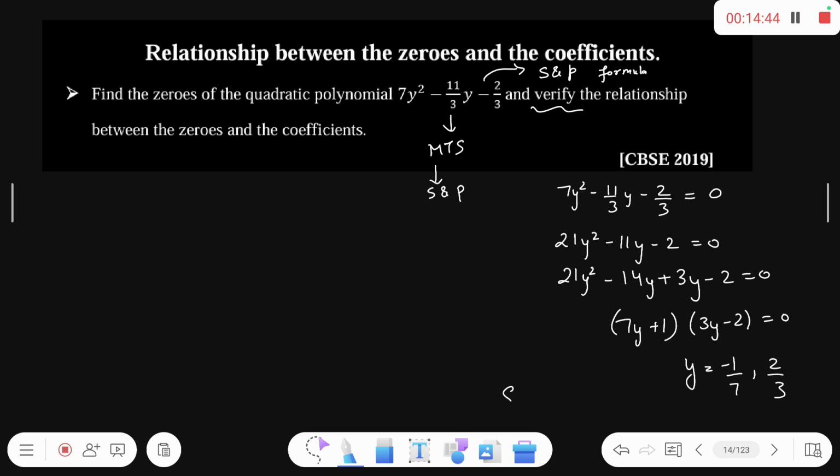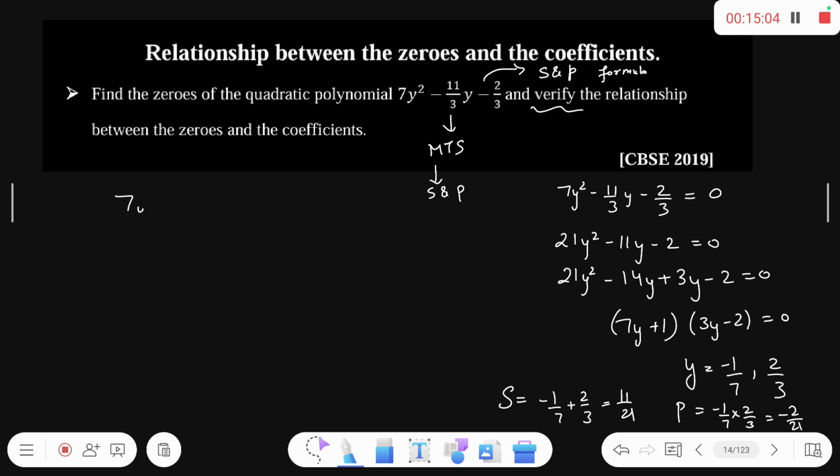Sum is equal to minus 1 by 7 plus 2 by 3, which is equal to 11 by 21, and product, on multiplication, minus 1 by 7 into 2 by 3 is equal to minus 2 by 21.